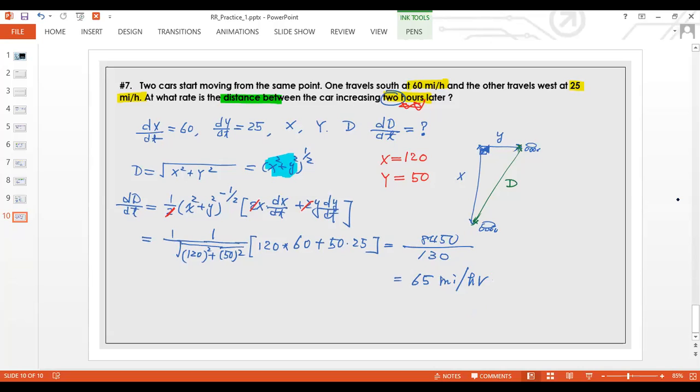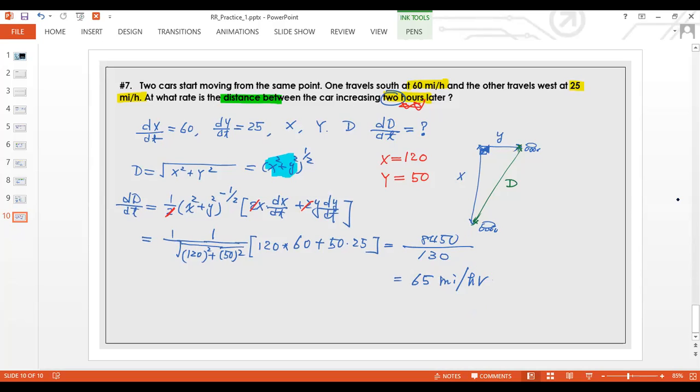Okay, that's it. We did a pretty simple, level 1 type of related rate problem. Even though they are simple, they are important, because they tell you the basic concept of how to set it up. In our next video, we're going to look at level 2 related rate problems. The problems are still about the setup.